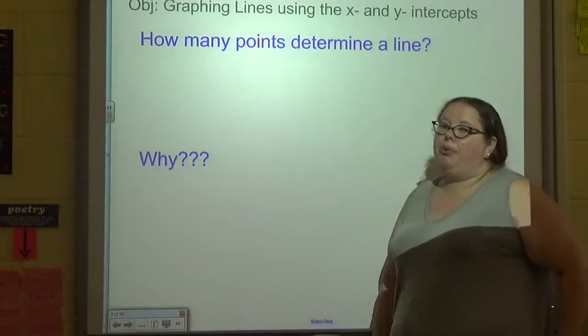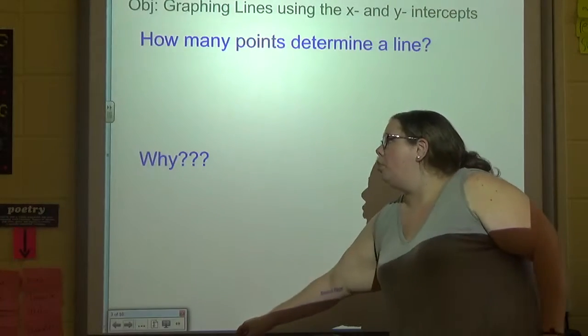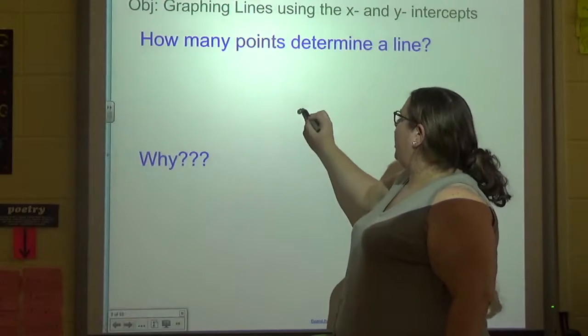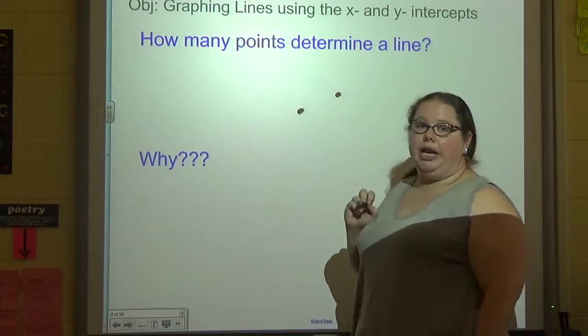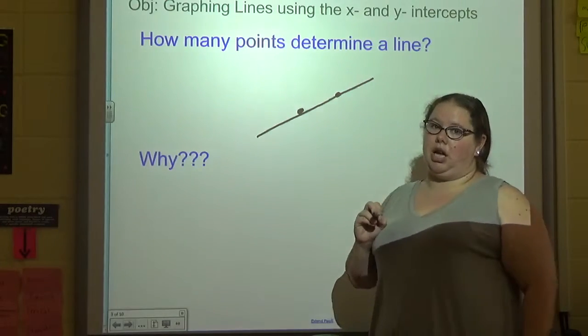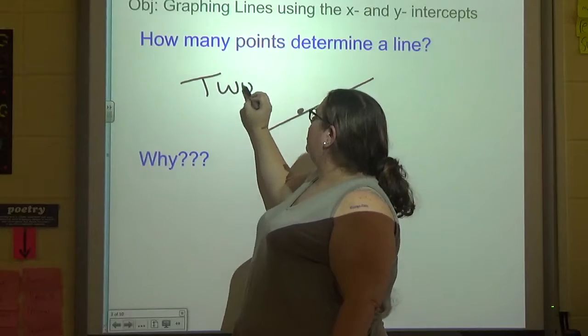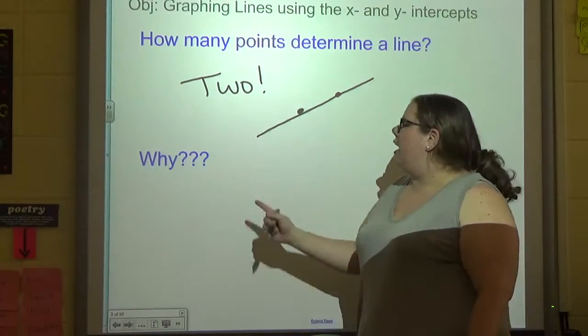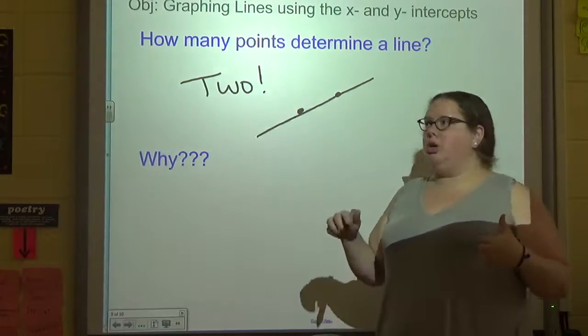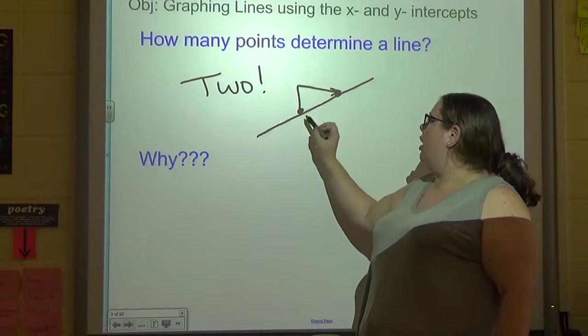Okay, how many points determine a line? So when we learned about slope, we talked about if you had 2 points, that determines a line. Okay? So 2 points determine a line. Because it has to do with the slope, where if you're doing slope, you're going up and over.